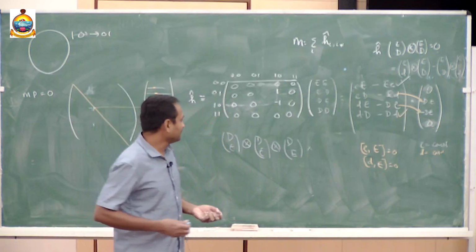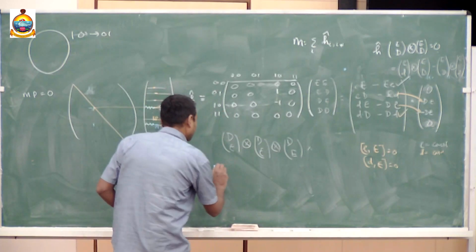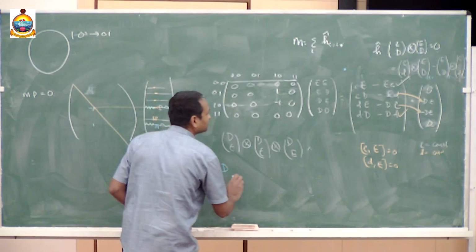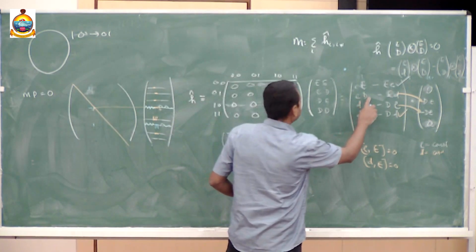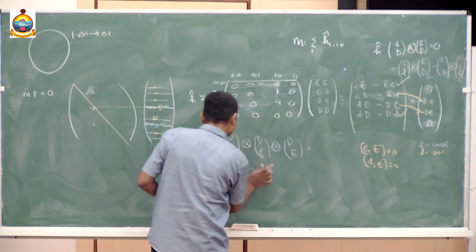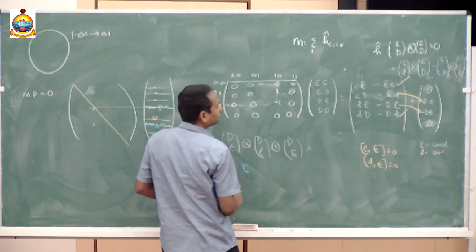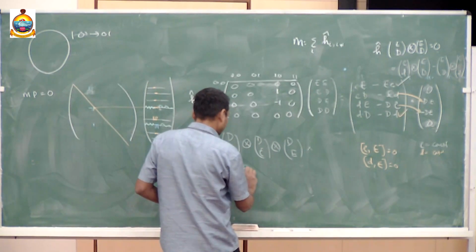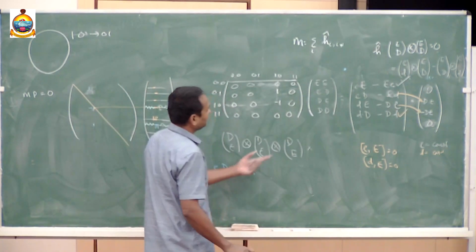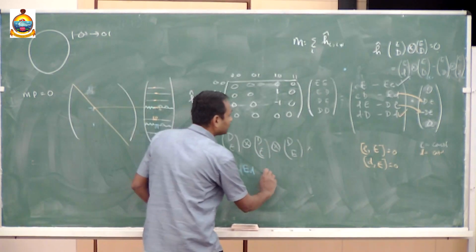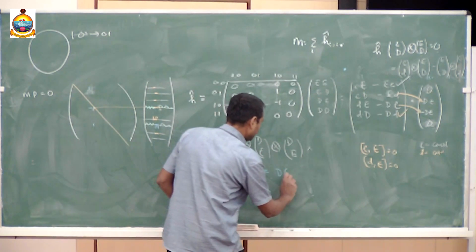Okay, so this is a simpler one. So now the remaining equation is just E D minus D times E, E times small d. Now I am writing in the sequence, this equal to DE. That is the equation.